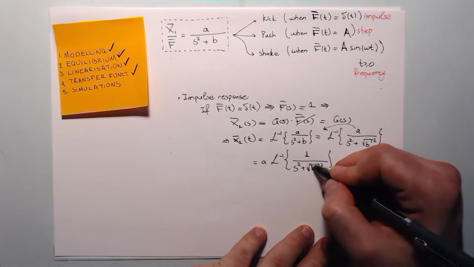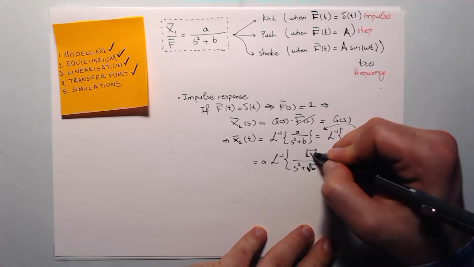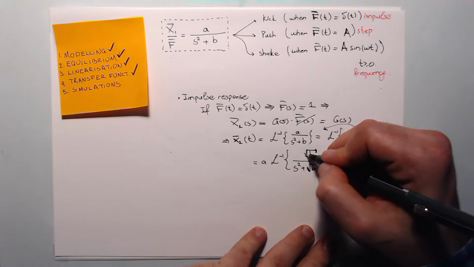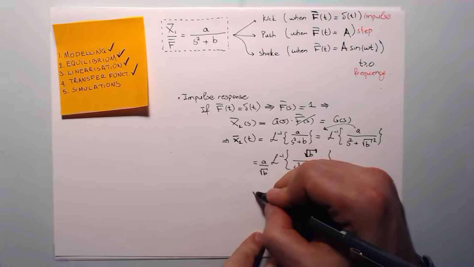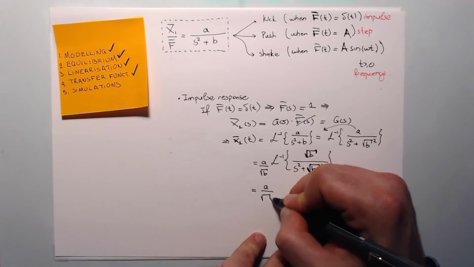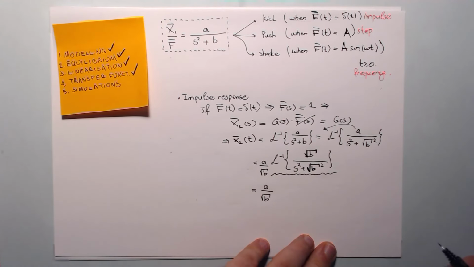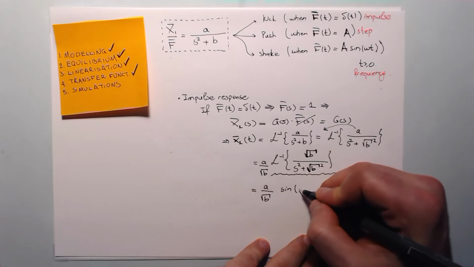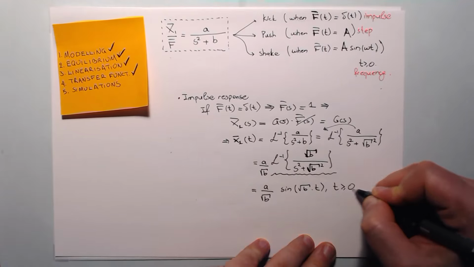We should have here in the denominator the same as in the numerator. So we should have square root of b. Not a problem. Put a square root of b there, put a square root of b here. And now we have a over square root of b, and this is clear what it is. You can check the Laplace transform tables. This is nothing but sine of square root of b times t, defined for non-negative times t.